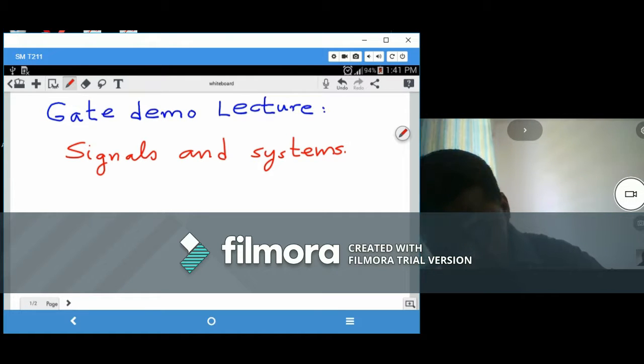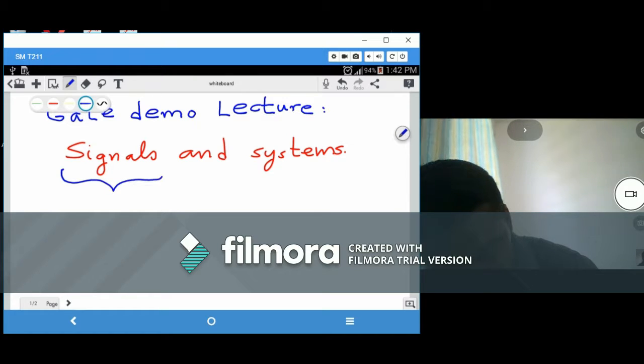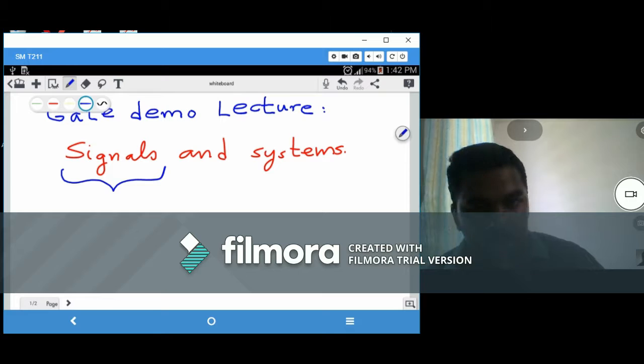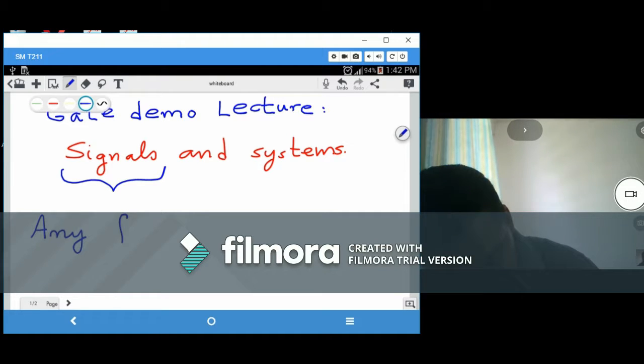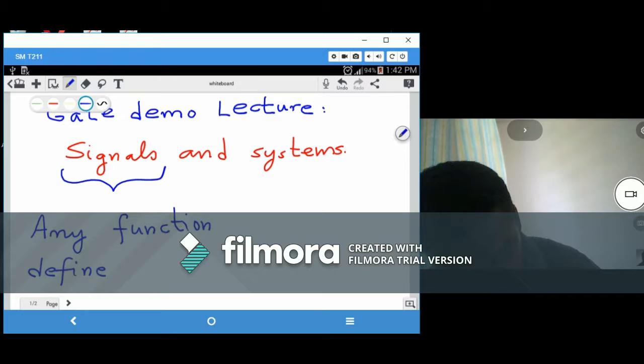So let us see what it means by a signal. So a signal is any function defined on an independent set of variables.